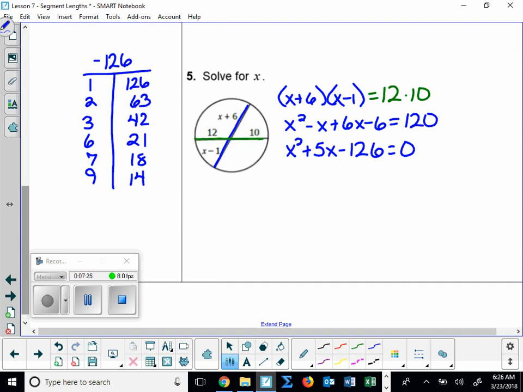Okay, so I found all the factor pairs. Now I could have done this by putting y equals 126 divided by x into my calculator and then going to the table, but I was doing them in my head.